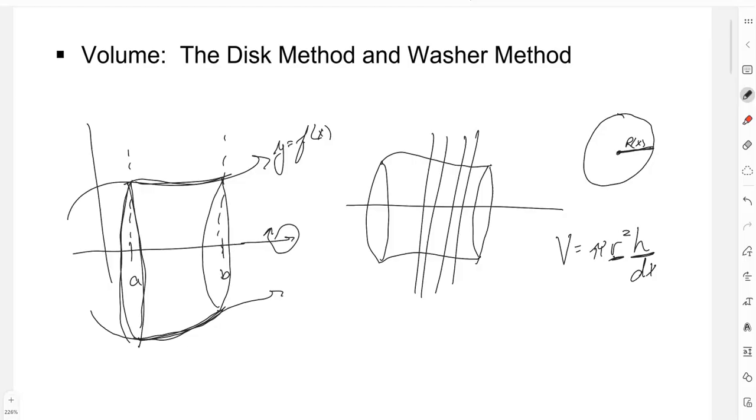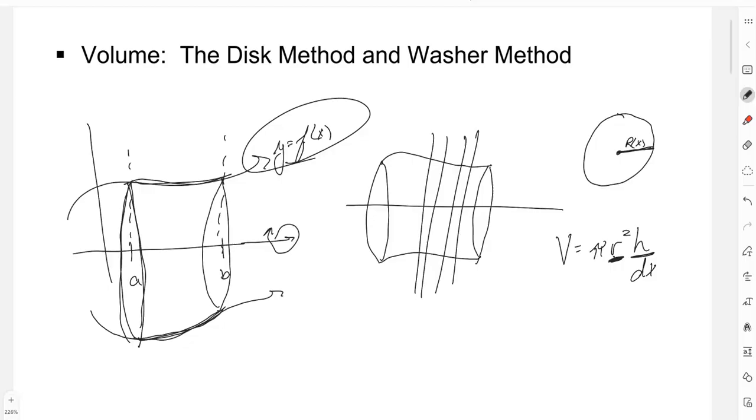Volume of the cylinder is pi r squared h. So the radius is going to be our r squared, and that's going to be in terms of our function, whatever our function is. We're going to have to write it in terms of function notation because it's not going to be constant. It's going to change. For instance, in this picture, this radius would have a different value than the radius down here.